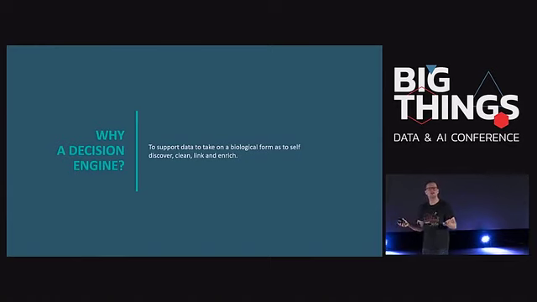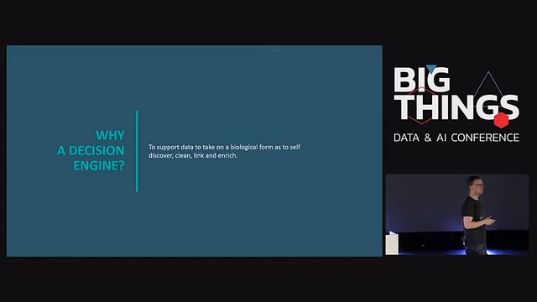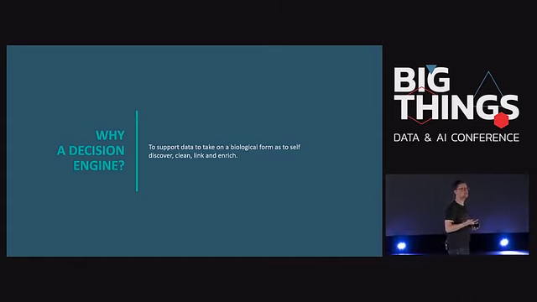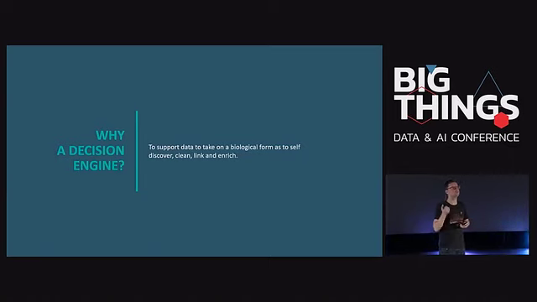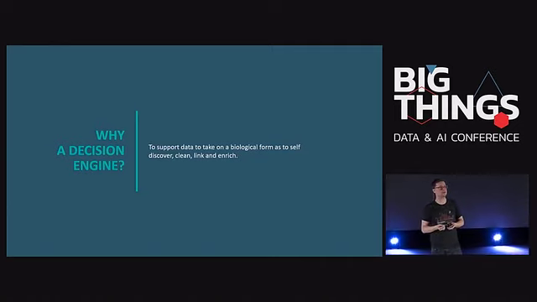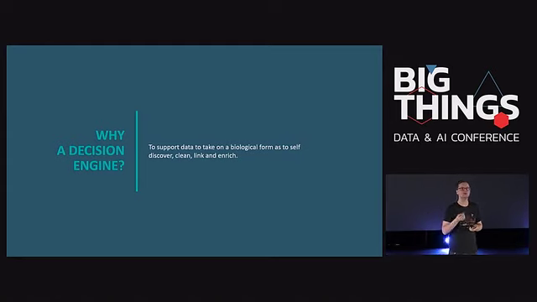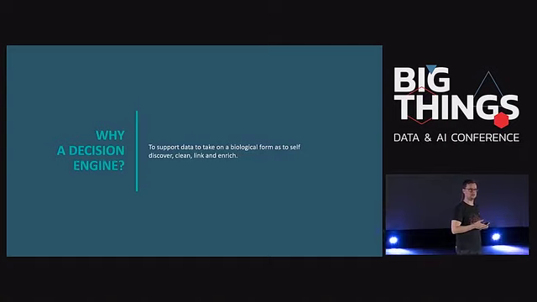So then, why a decision engine? Why did we think that we needed to build a decision engine for our customers? In the big data world, they often talk about the 3 V's: volume, variety, and velocity. And I can honestly stand here, after working with large enterprises, and say this is just the tip of the iceberg. What I think the big data era did is it also exposed us to the amount of technical data debt that we have as companies.